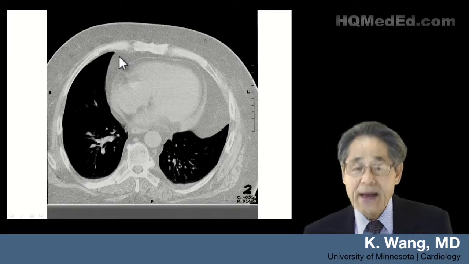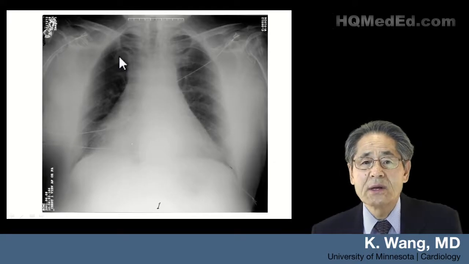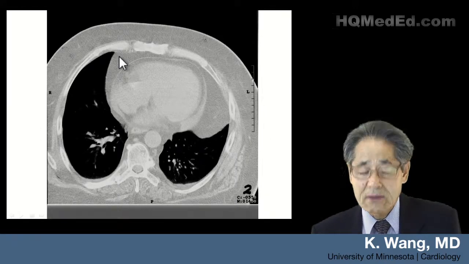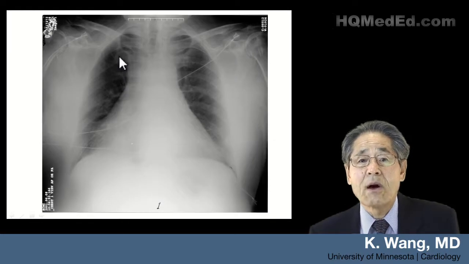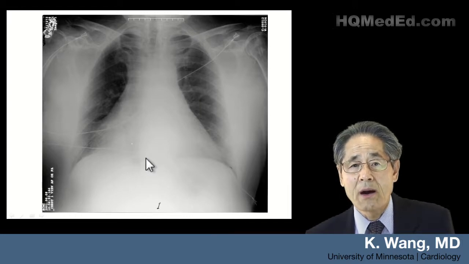But fat and tissue do not have any different radial density, so on plain chest X-ray, you may not be able to recognize it until you do a CT scan of the chest. But already, as I mentioned, the shape of the cardiac silhouette will tell you that this is not all heart.